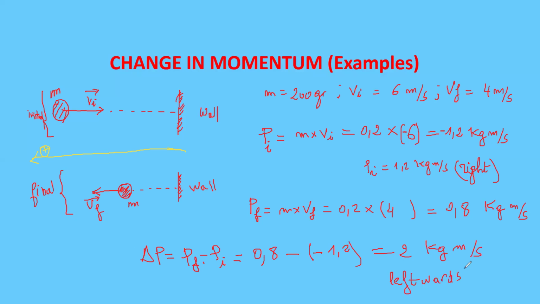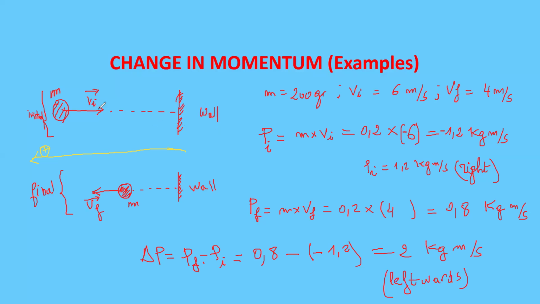So my advice here to my students: take into consideration your selected direction, your positive direction. And if you change the positive direction to the right, the final result will be the same. But pay attention, always, in the velocity, whether it is necessary to add a minus or only plus.